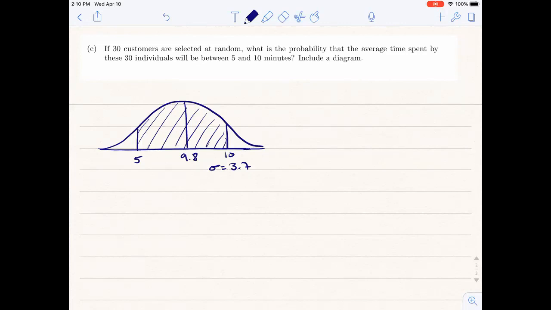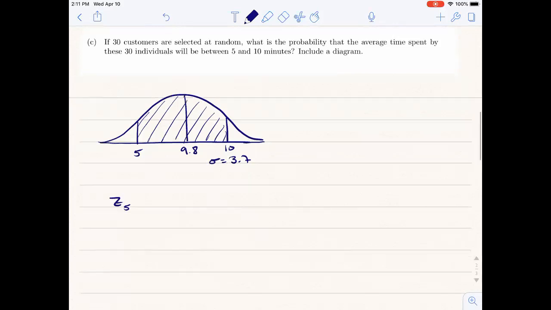And then I take this big area and subtract this little area, and then I'm left with the area that I want. So that's how I will always find the area between 2 points. But whichever way you do it, as long as it makes sense what you're doing, you should get the same area. Okay?